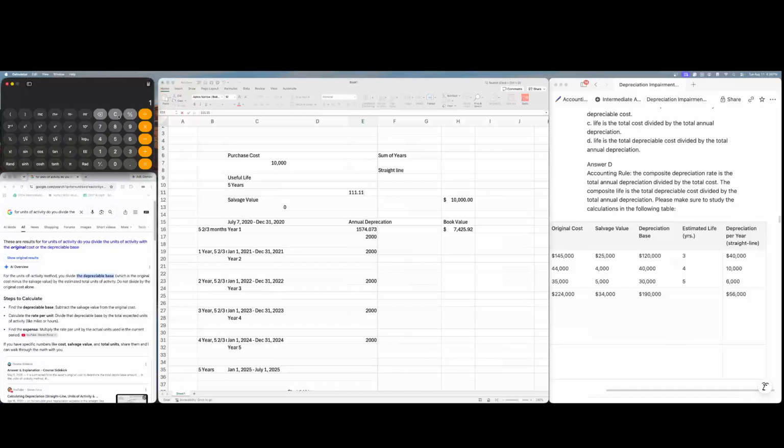So for this month, you would see $944.41 depreciation if it was using straight line. So there is no prorate.